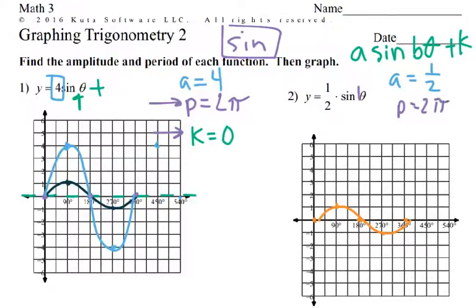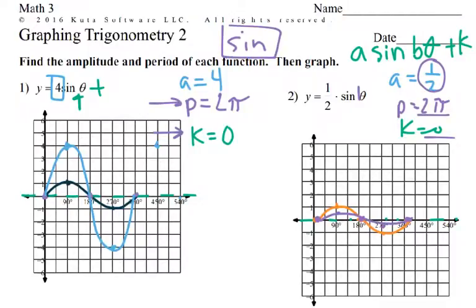I don't have a plus number, so my midline is still at 0. So my midline is still there at the x-axis. So for my graph, those 3 points on the x-axis are going to stay the same because of the period and the midline. But my amplitude is now only going half the distance. So it's going to be shallower, just like that.